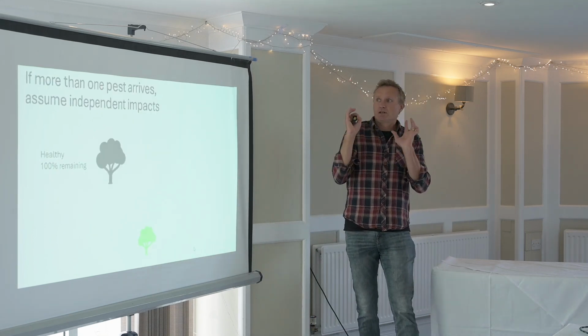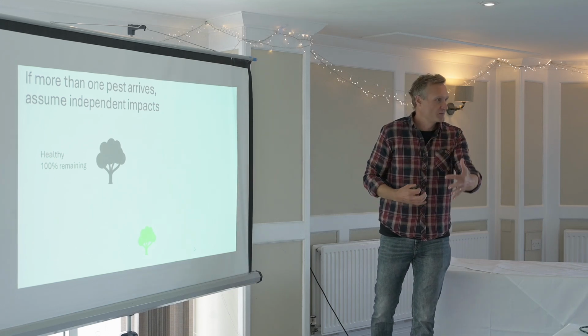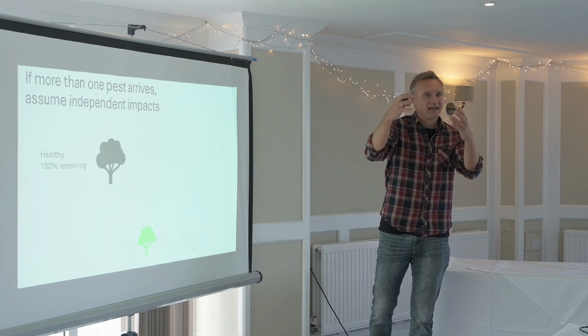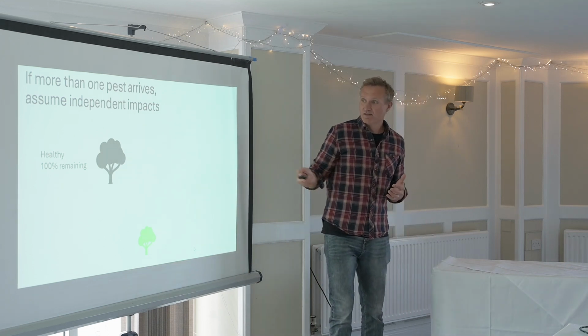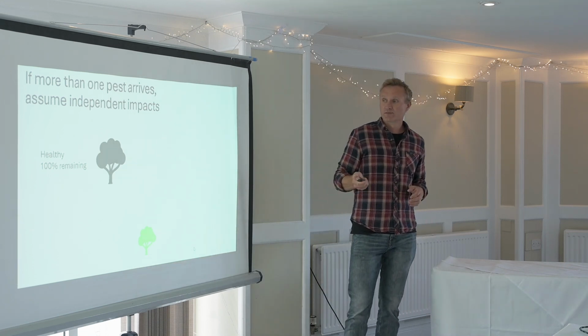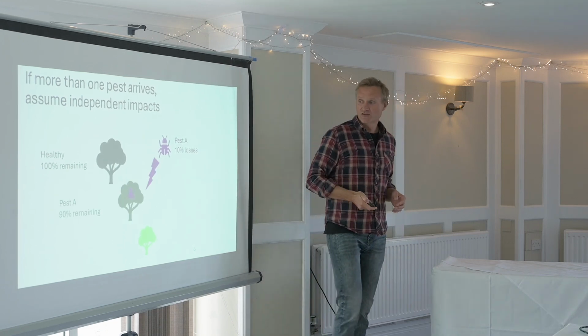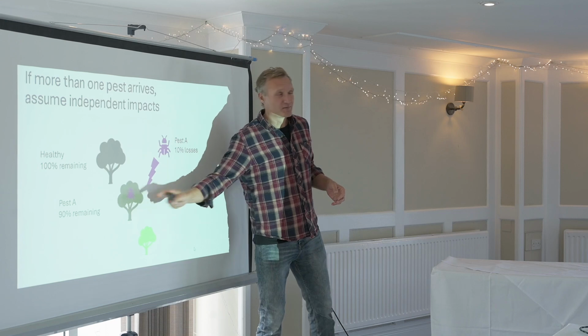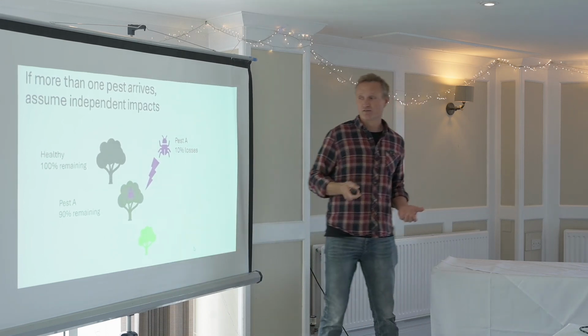So what happens if more than one of these pests and pathogens arrive and attack the same tree species? We could start off with a healthy tree with 100% remaining. Pest A arrives, which causes 10% loss. That means you've got 90% of your productivity, your tree population, your biomass left over.